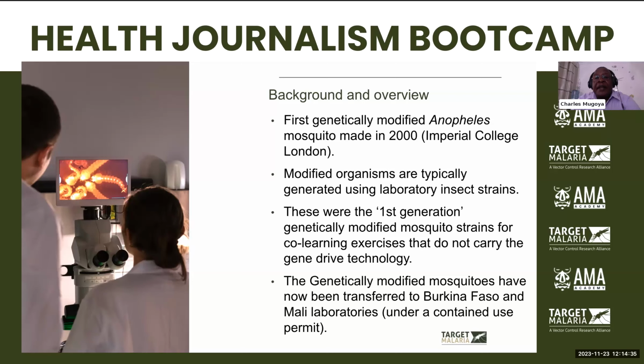Genetically modified organisms are typically organisms that have been modified from the original strains, but in this case, we have used laboratory insect strains to do the modifications. So we have developed at this point in time what we would refer to as first generation genetically modified strains.